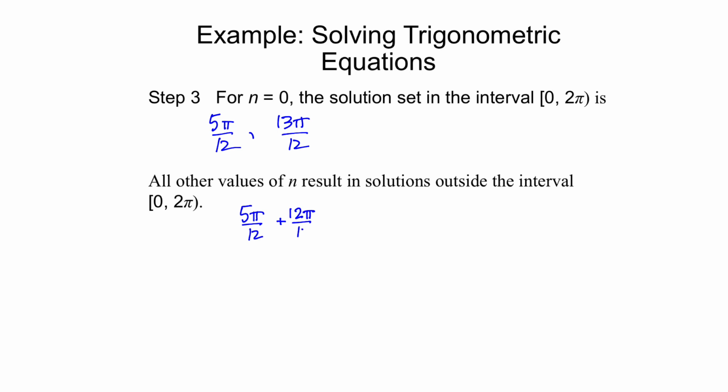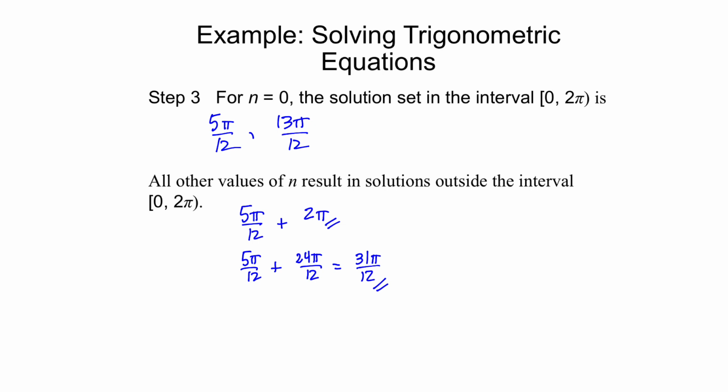We're adding 2 pi, so I'm going to try 5 pi over 12 plus 2 pi. That would be 24 pi over 12, and that would give me 29 pi over 12. This is way outside of the 0 to 2 pi interval, right? Because we're adding 2 pi to it.